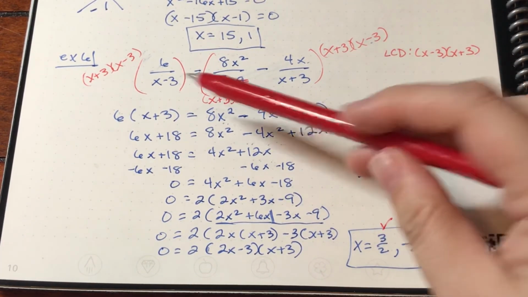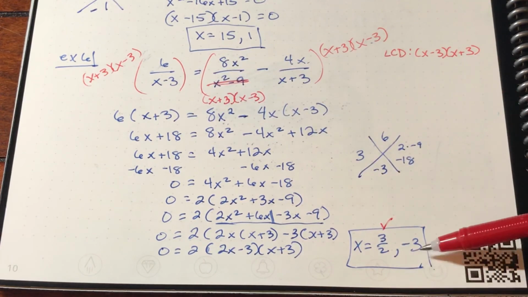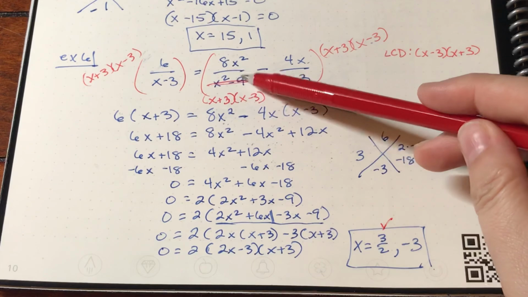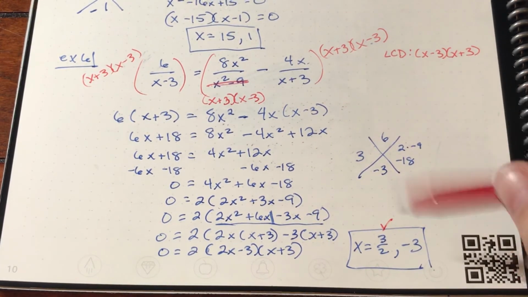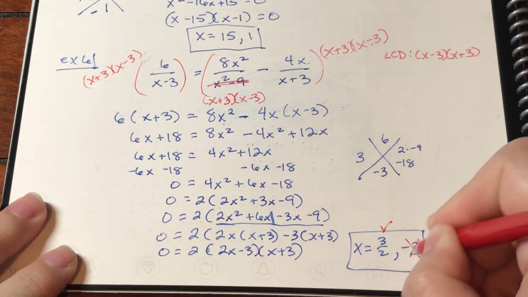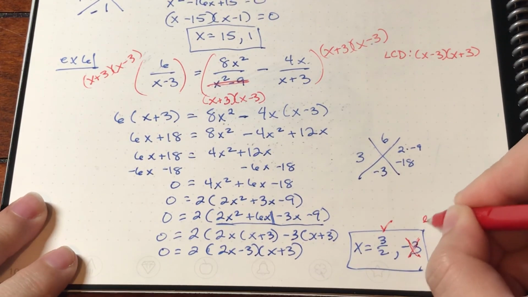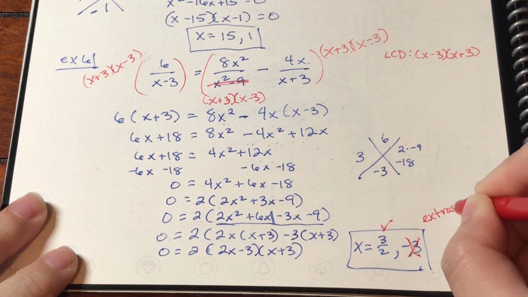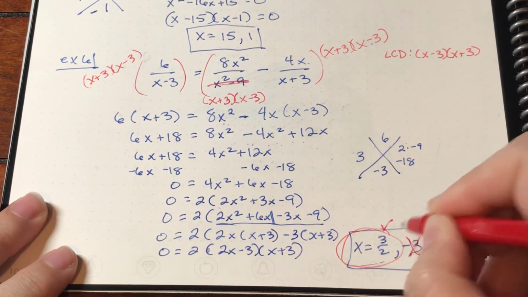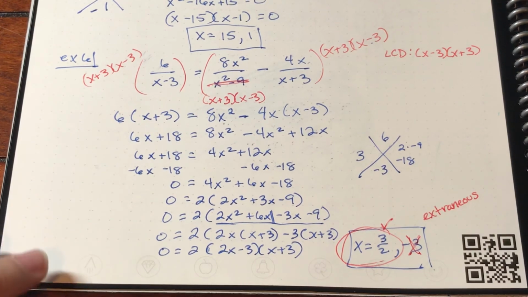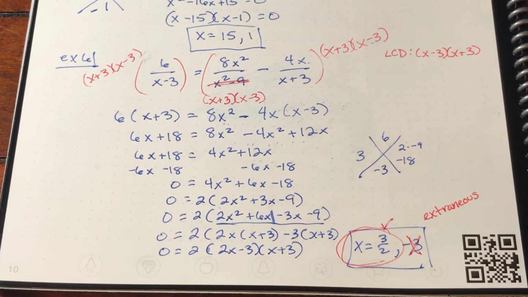And then negative 3 minus 3 works. Negative 3 squared is positive 9. Minus 9 is 0. And negative 3 plus 3, that's 0. So this does not work. So this is extraneous. And this is our real solution. Only 3/2 is our actual working solution.